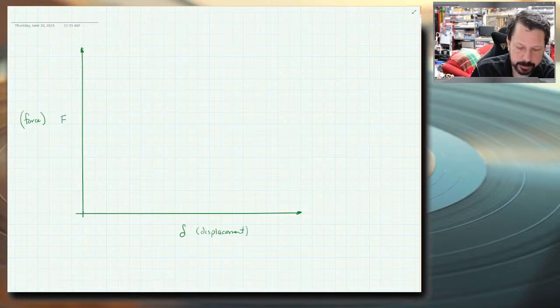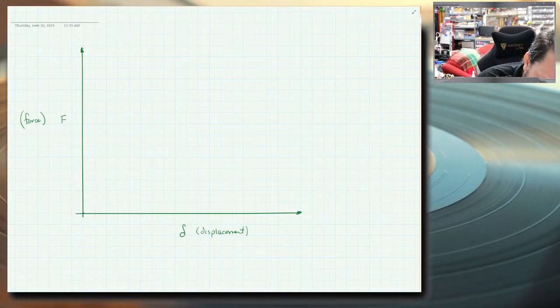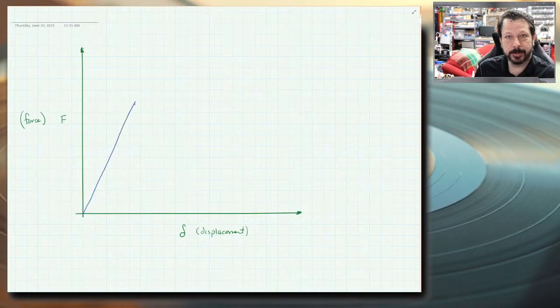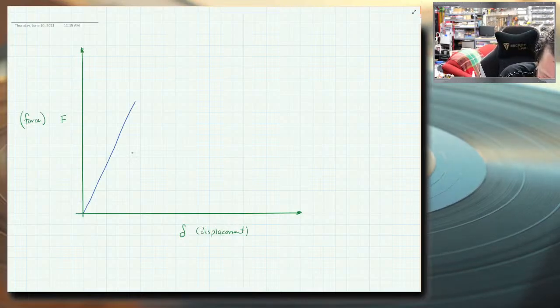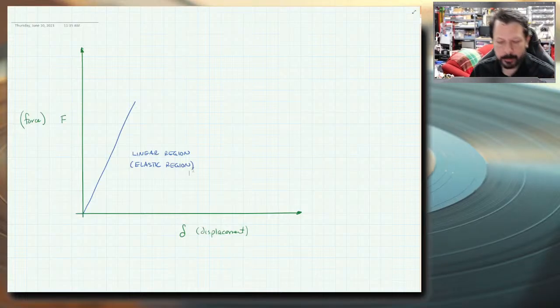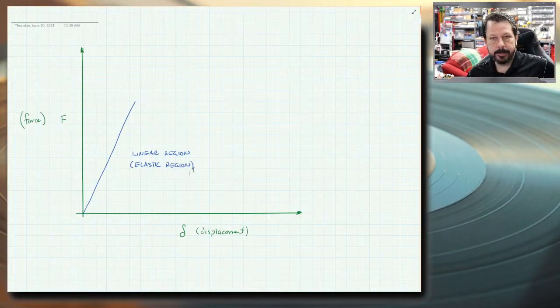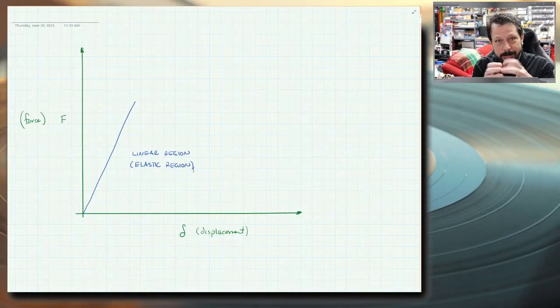So the first thing that's going to happen is there will be a linear portion. So some sort of straight line. I'm going to exaggerate the slope of this. So normally this is going to be much steeper, but I need some room to write things on our graph. So this is our linear region. Sometimes this is called the elastic region. And what's going on here is the atomic bonds holding all the molecules together are stretching out.